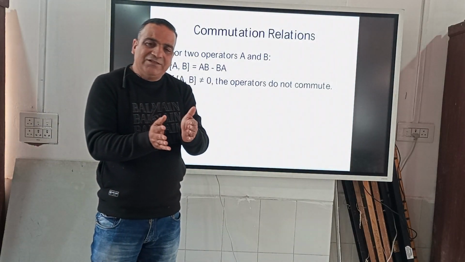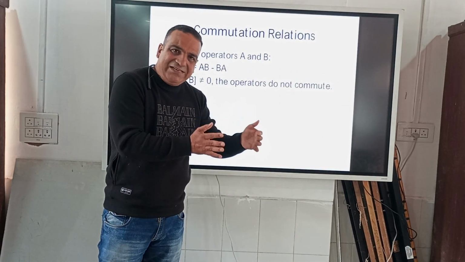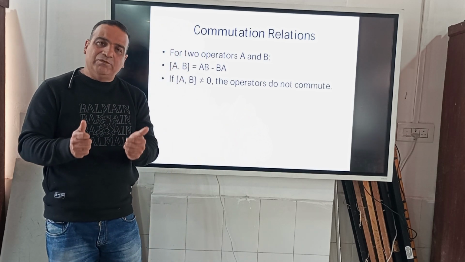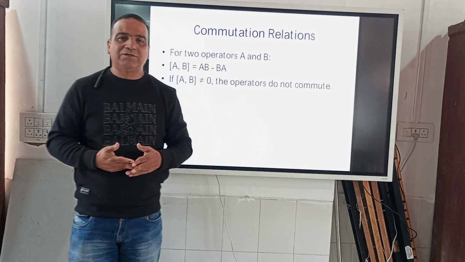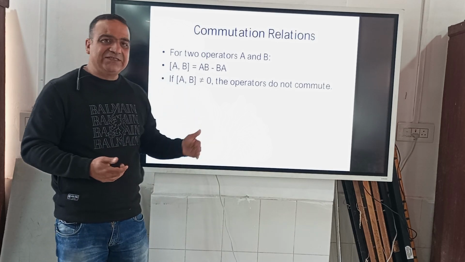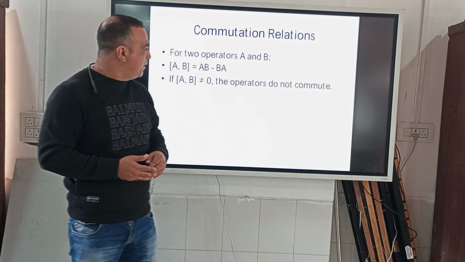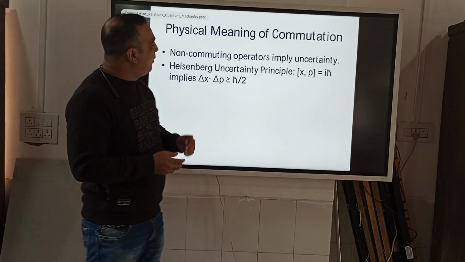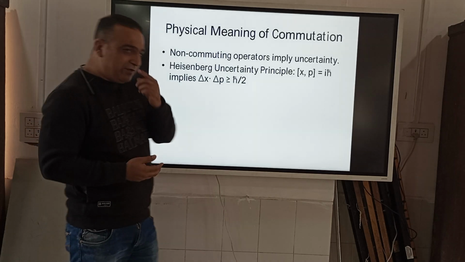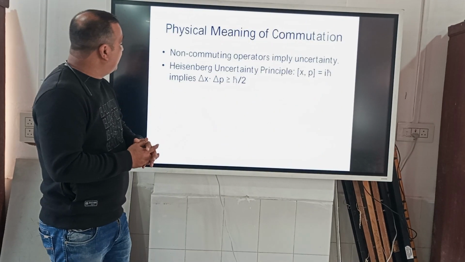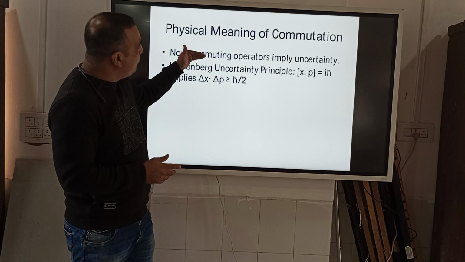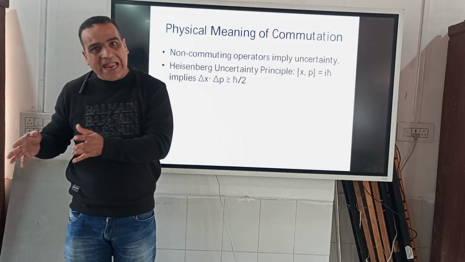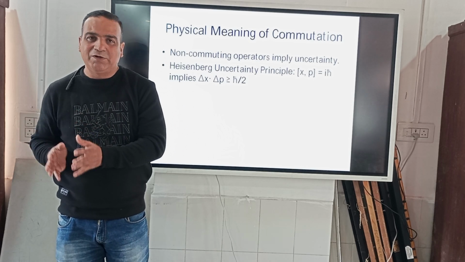So you will come up with something on the right-hand side, leading us to realize that the two physical quantities measured by acting these operators on the eigenfunction will lead us to an uncertainty. So this is what commutation relations are, and the physical meaning of this commutation is that non-commuting operators simply imply Heisenberg's uncertainty principle.